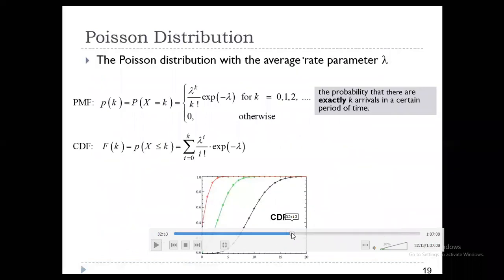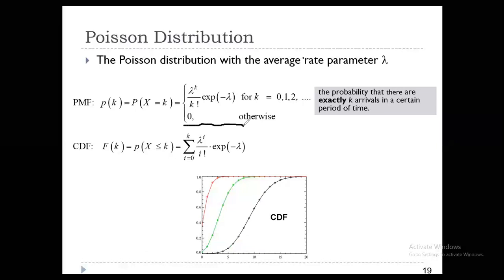Then again, the probability distribution of the process, the PMF, is what you have here. It's giving us lambda raised to the power k times e raised to the power negative lambda over k factorial.